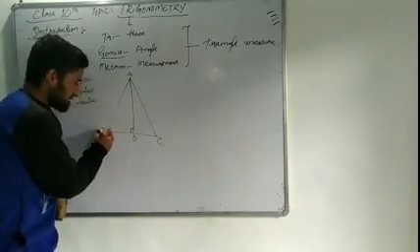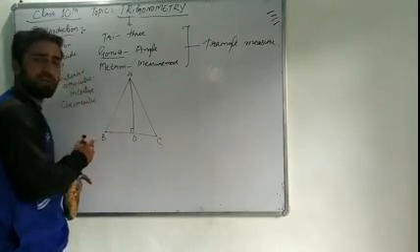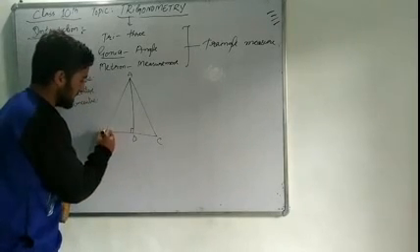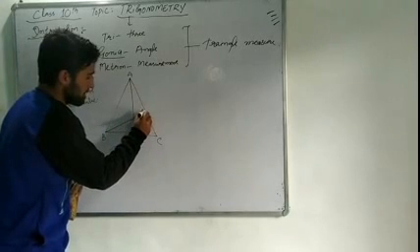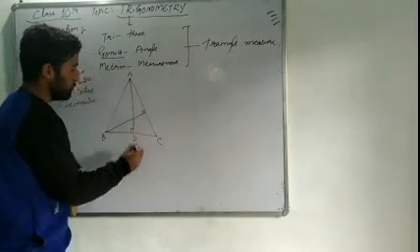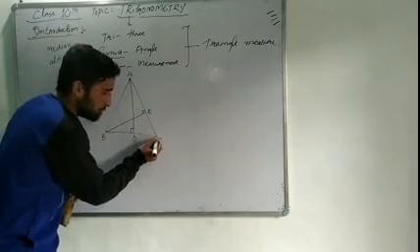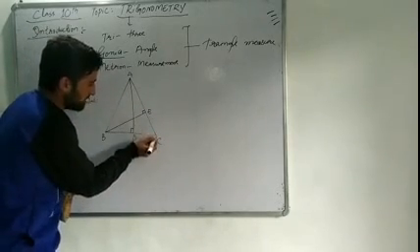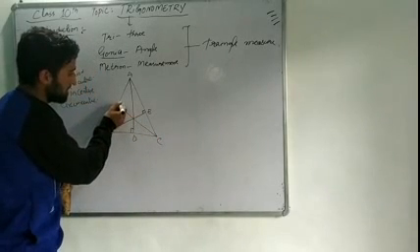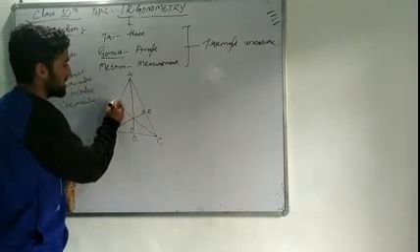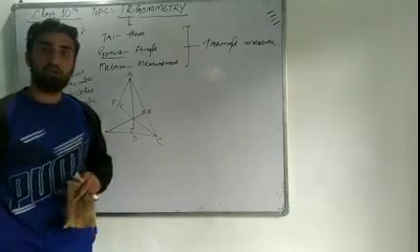Again, this is a vertex. We draw a perpendicular from this vertex to the opposite side like this. So we get two altitudes. Let's suppose this is E. If I draw a perpendicular from this vertex to the opposite side, let's suppose this is F. So these are three altitudes of a triangle.